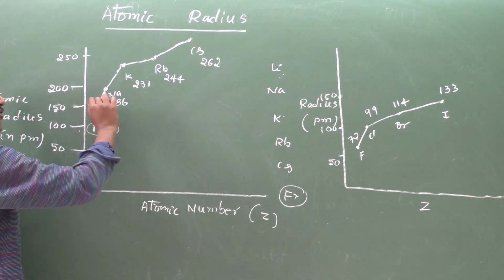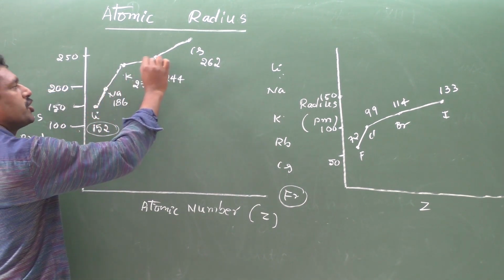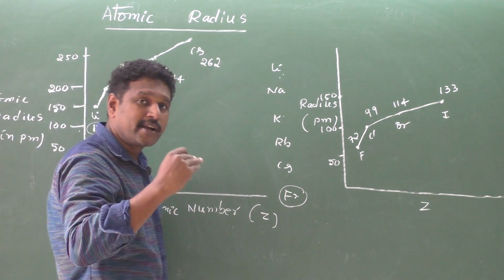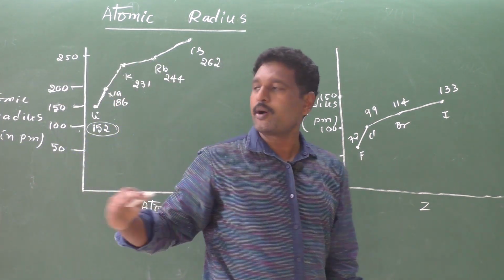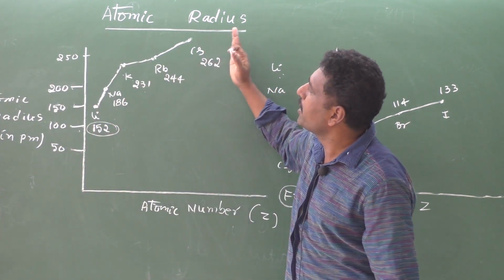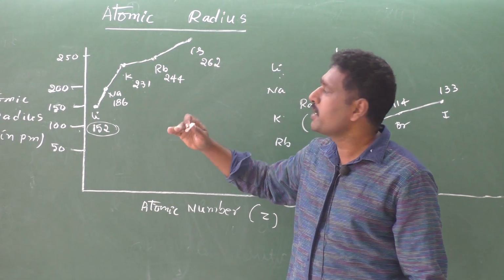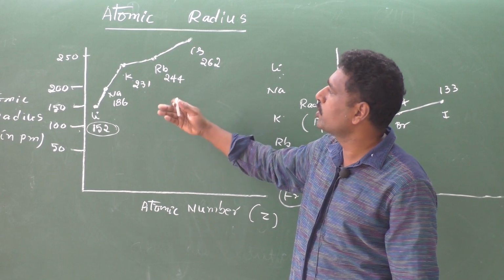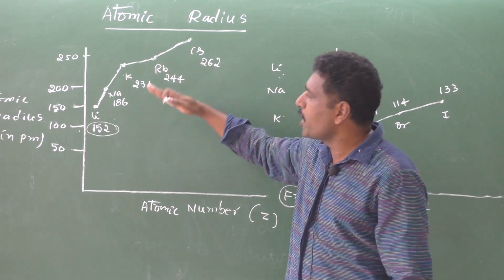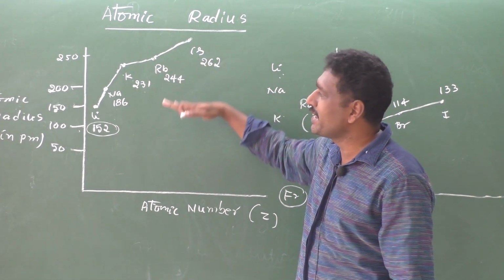This graph indicates that from lithium to sodium, potassium, rubidium, cesium, atomic radius gradually increases. Therefore, it is explained that atomic radius in a group gradually increases.